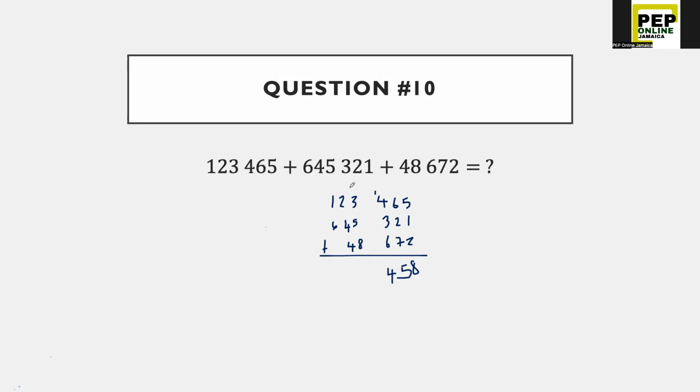Carry 1. 8 and 5 is 13, plus 3, 16, and 1, 17. Carry 1. 4 and 4 is 8, plus 2 is 10, and 1 makes 11. Carry 1. 6 and 1 is 7, plus 1 will give you 8. Wow, and that's 817,458.